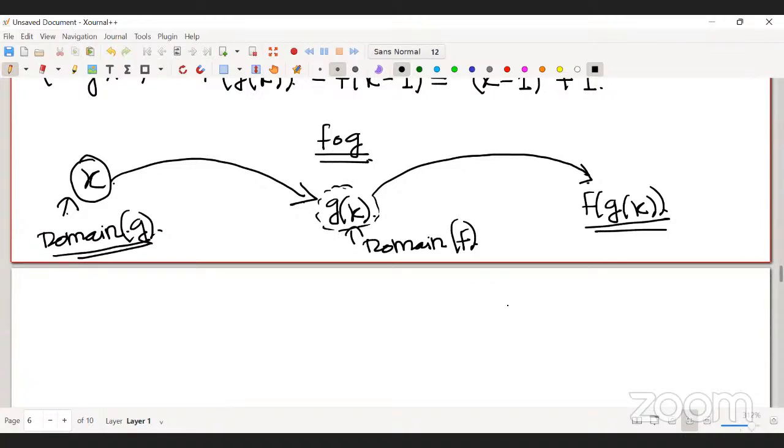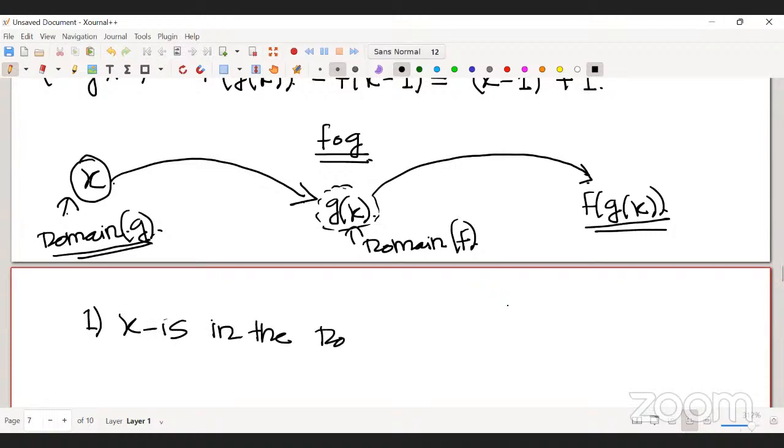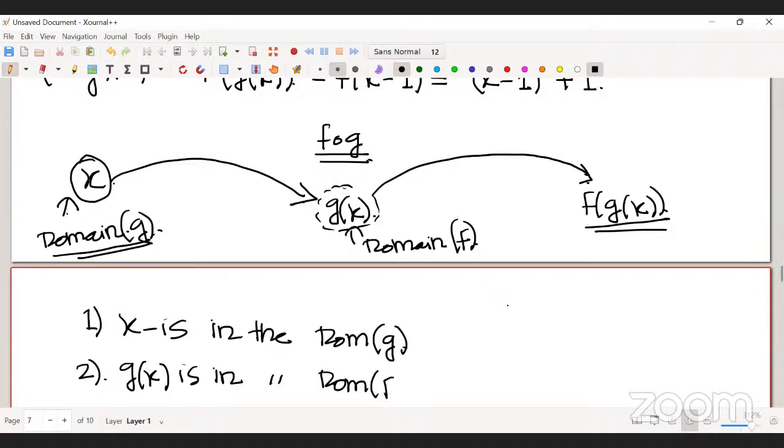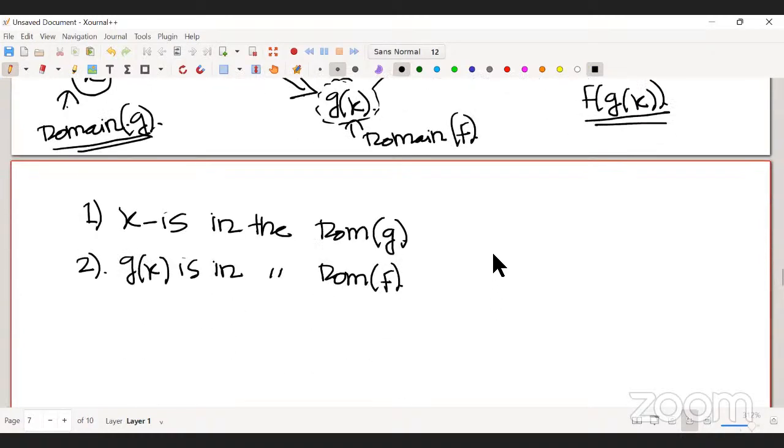These are the two things you need to check to know whether x is in the domain of f circle g.